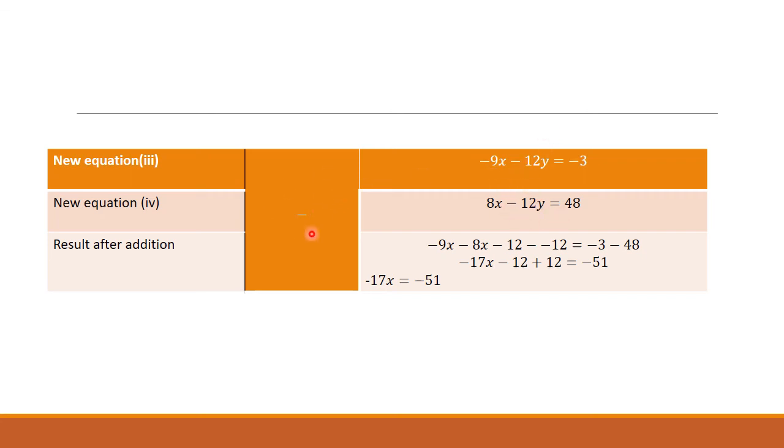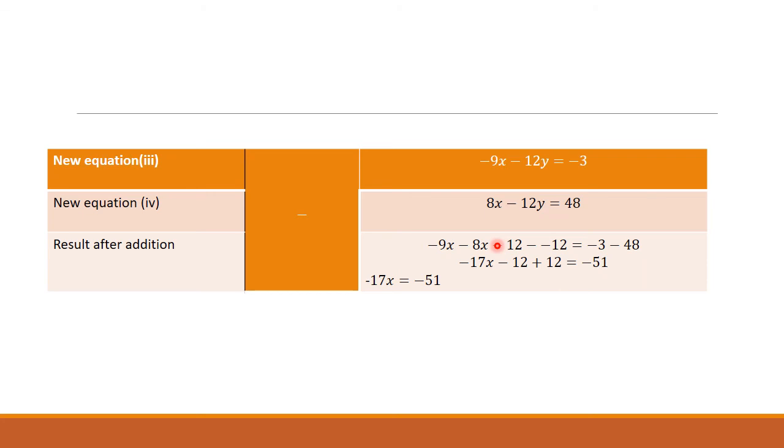So in order for this to cancel out, we have to introduce what? We have to subtract them. So when we subtract, negative 9x minus 8x, okay, we get negative 17x. So when we subtract negative 12 minus negative 12, the negative and negative give us positive.